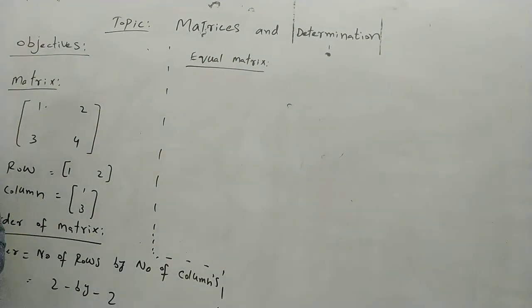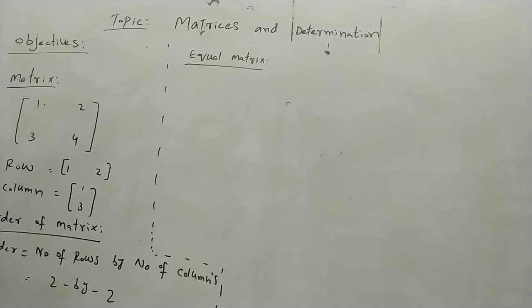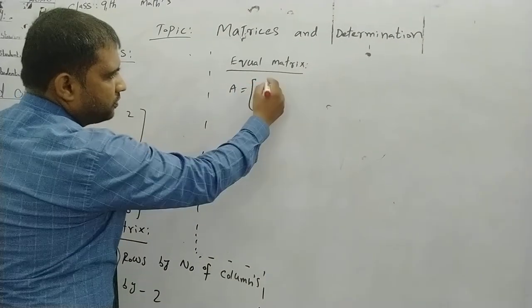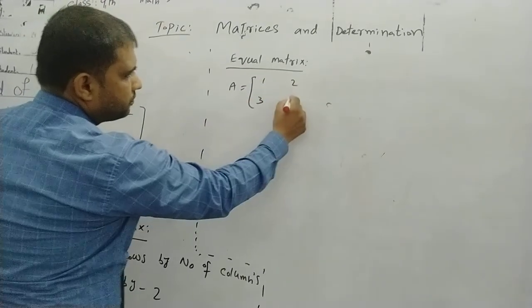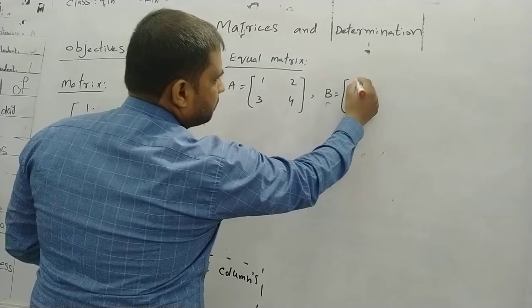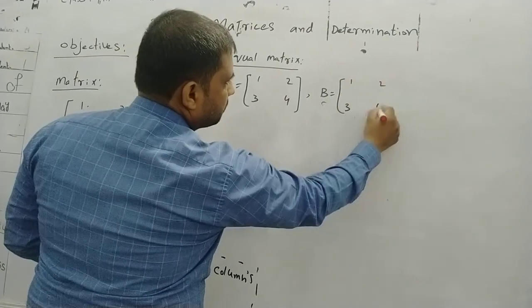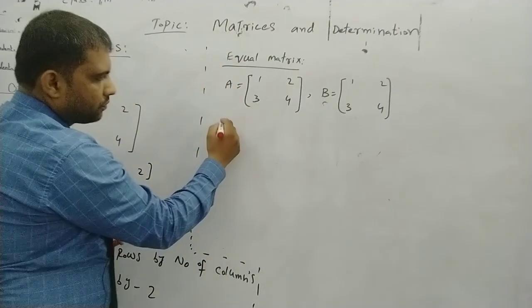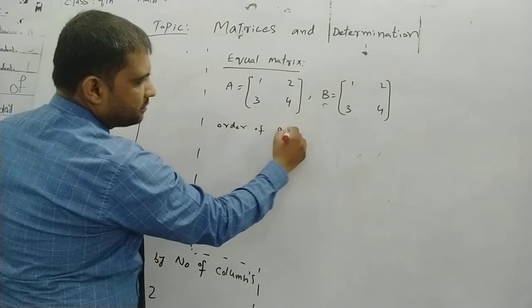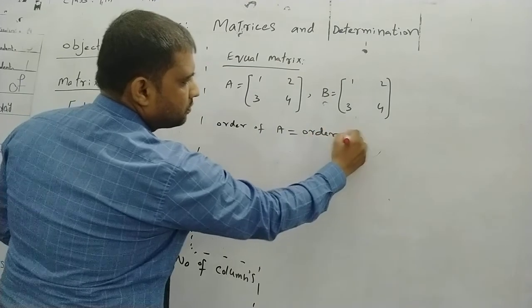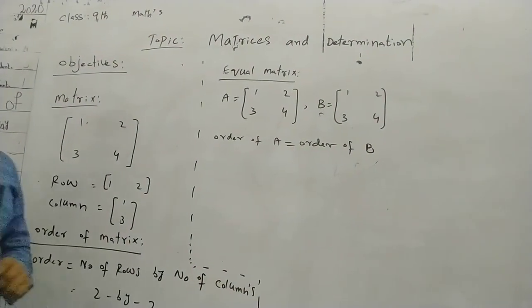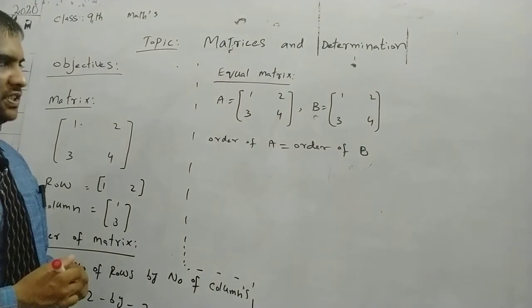Two matrices are said to be equal if the order of A is equal to the order of B, and their corresponding entries are same.